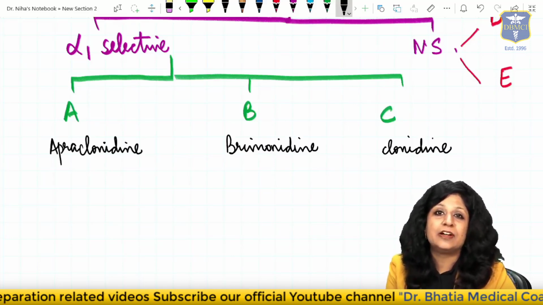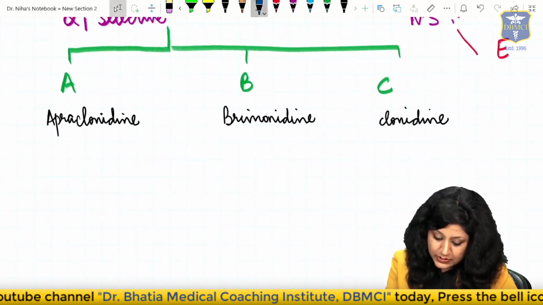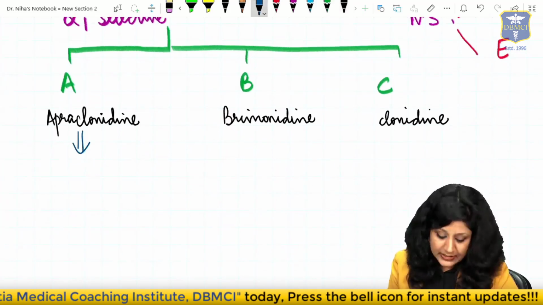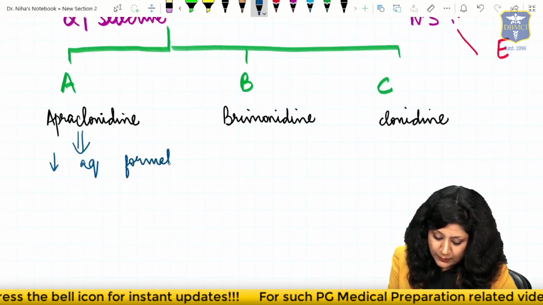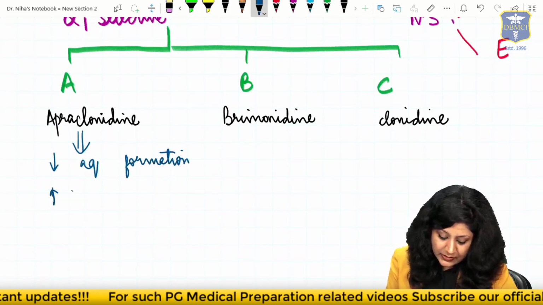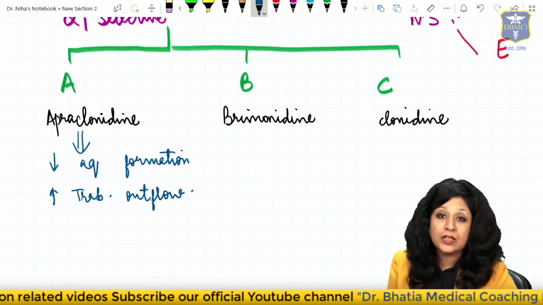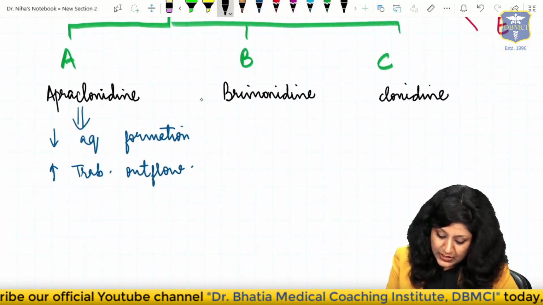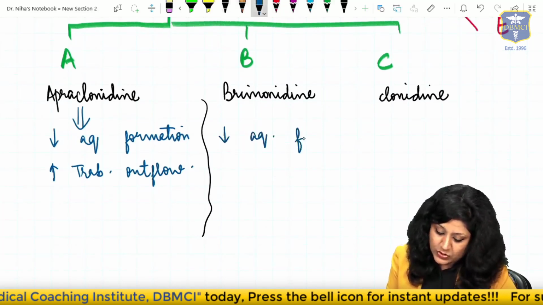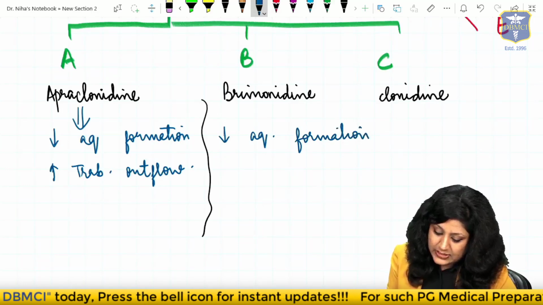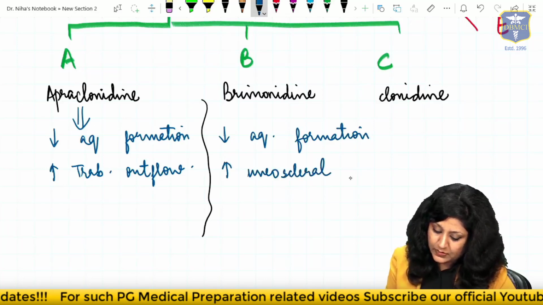these selective drugs have a different utility in different conditions. Like if I talk about this apraclonidine, this is basically causing a decrease in aqueous formation and an increase in the trabecular outflow mechanism, while on the other hand, brimonidine is also decreasing the aqueous formation, right, and this is increasing the uveoscleral outflow mechanism.